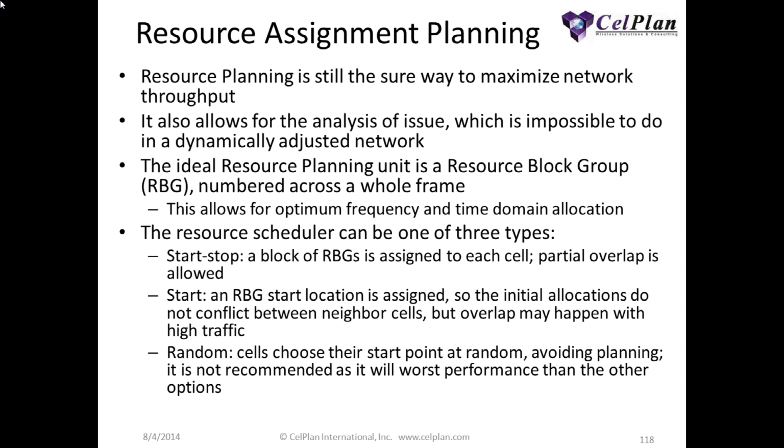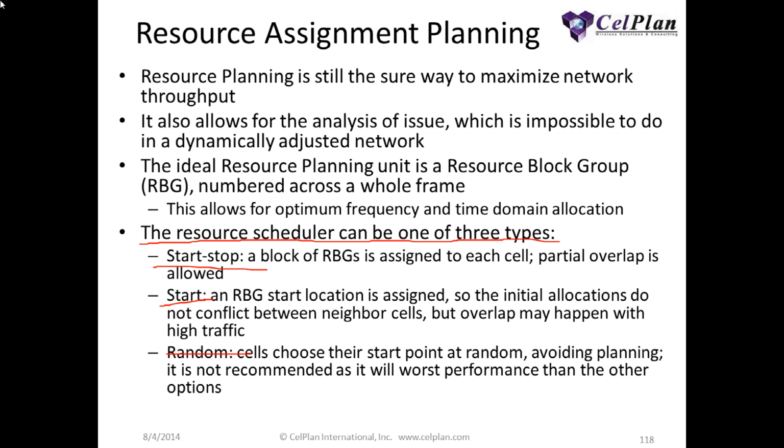So basically a resource scheduler can be of 3 types: start-stop, start, and random. Start-stop basically can be used to assign blocks of RBGs to implement reuse of 3, suppose, or reuse of 9. So it assigns blocks of RBGs, and based on this, then we can implement the reuse.